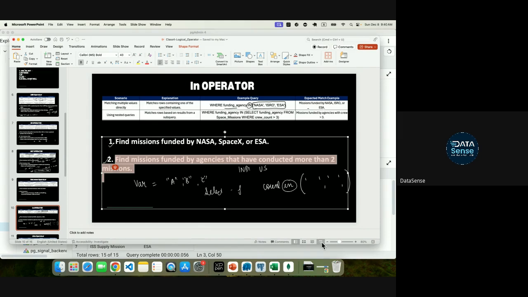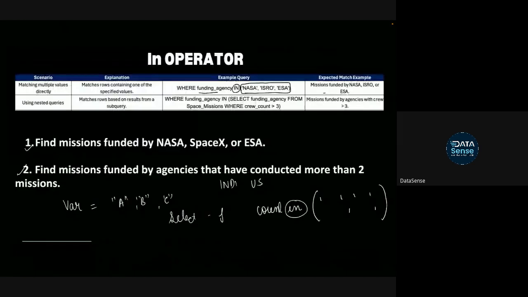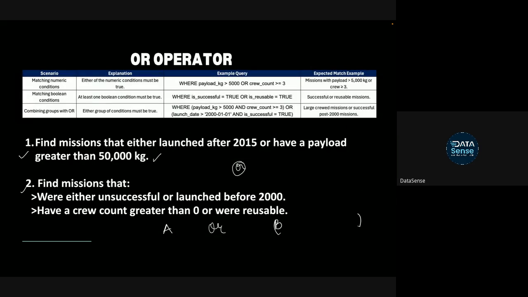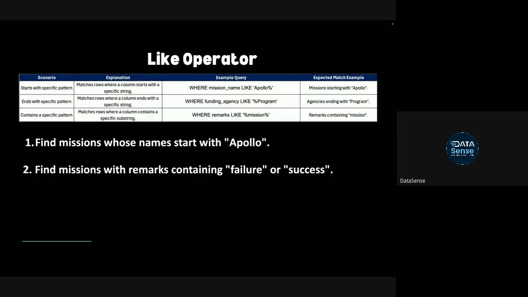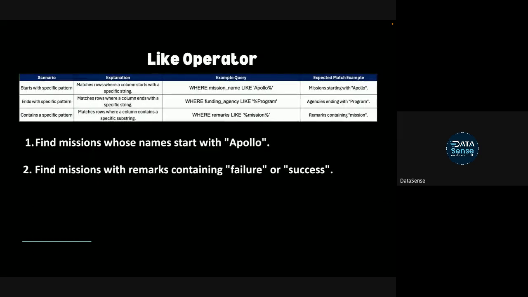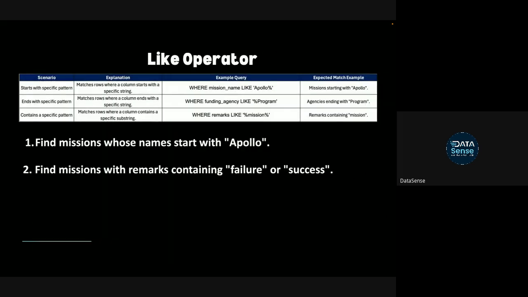Now comes a few very important ones. So this one is in, between, not, or. These operators we have worked upon. Now comes the next operator, that is like. So like is used for pattern matching. Okay.